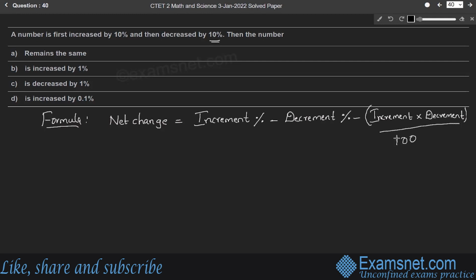Here, increment percentage means the number is first increased by 10%, and decrement percentage is also 10%, minus increment into decrement divided by 100.